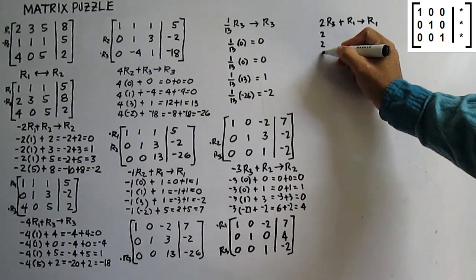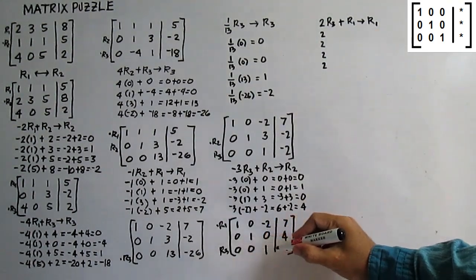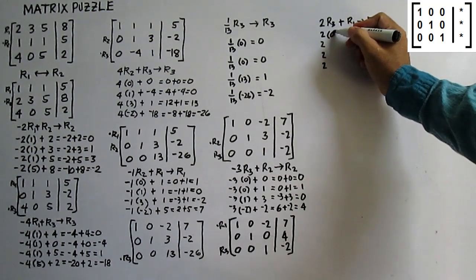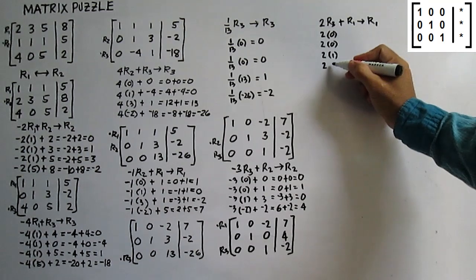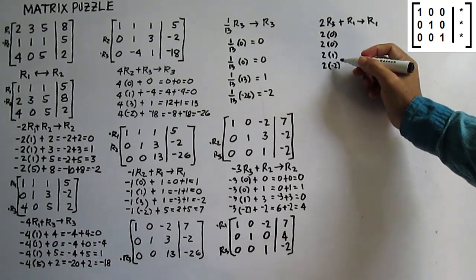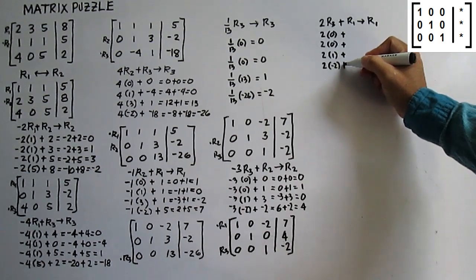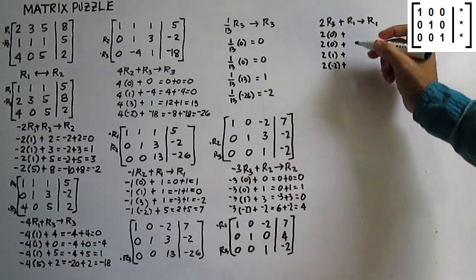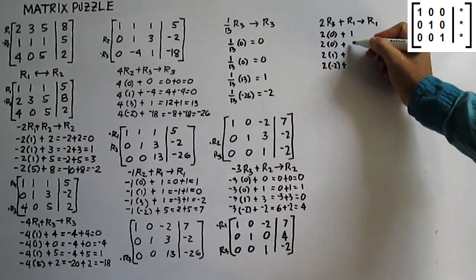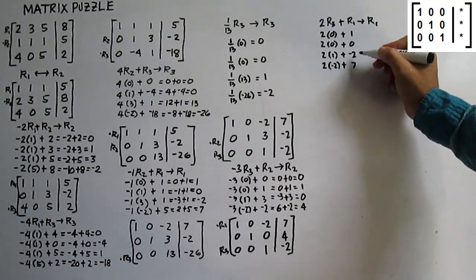2 times row 3, 0, 0, 1, negative 2, plus row 1, 1, 0, negative 2, 7.